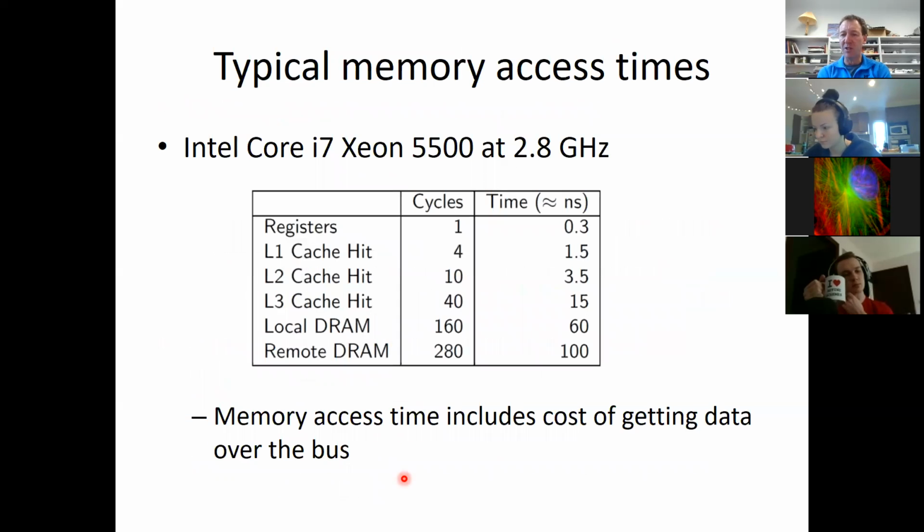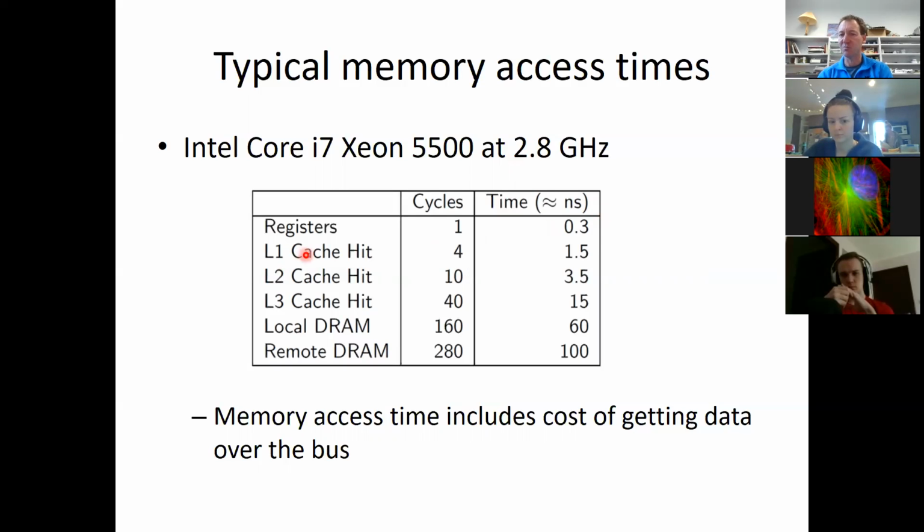So what are typical memory access times for a reasonably up-to-date CPU? If you look at the Intel Core i7 spec, registers take 1 cycle to access, which is roughly 0.3 nanoseconds. You take 1 over 2.8 gigahertz, which is roughly 0.3 nanoseconds.